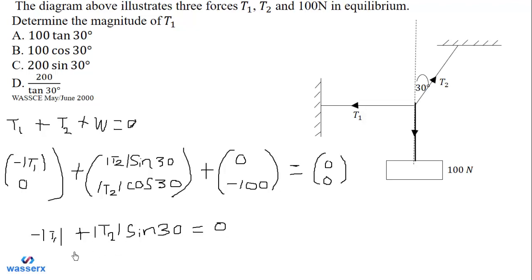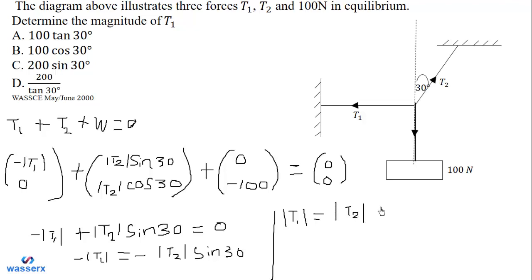So we can simplify this further to obtain negative magnitude of T1 equal to negative magnitude of T2 sine 30 degrees. So this implies that magnitude of T1 will be equal to the magnitude of T2 sine 30. Let's call this equation 1.